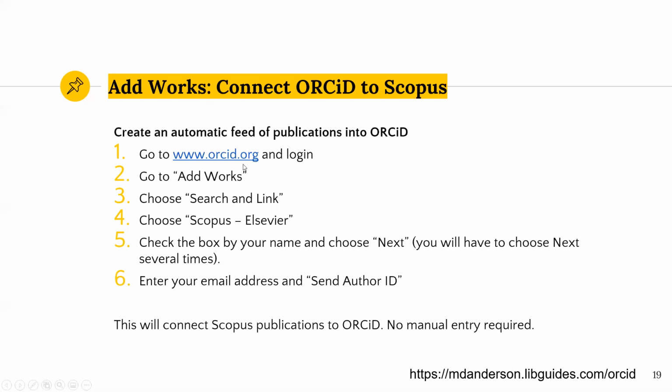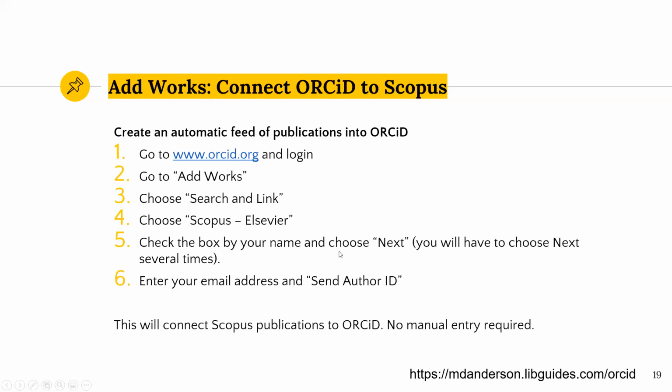You go to orcid.org. Once you have your account created, you just log in, and there's an add works section in ORCID. They have an option to search and link. And then they give you a bunch of things to choose from, but the best one to choose from is Scopus. So what we're going to do is choose Scopus. And then it's going to send us through this little wizard that makes us select a few things like, is this your name?